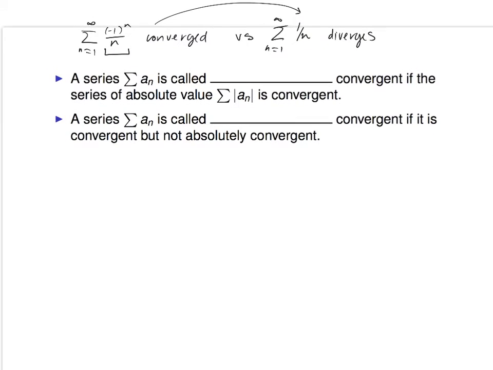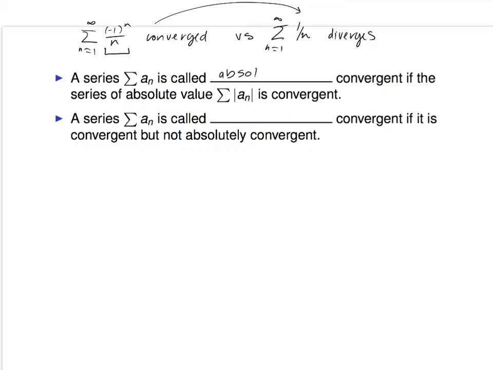Okay, so that's the idea we're going to talk about to start today. A series sum a sub n is called absolutely convergent, and that doesn't mean absolutely, like certainly. It refers to its absolute values, as in if the sum of absolute values is convergent. So this thing that we just had up there, is it absolutely convergent?